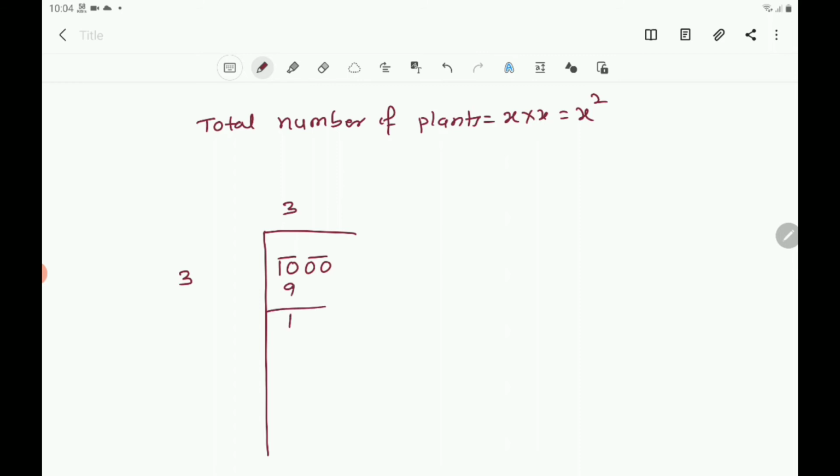Then 10 minus 9 is 1. Take the next group. Here you double it, that is add 3 plus 3, 6. Now here you have to take some number in front of 6, and here there is 100. 61 into 1 equals 61 is okay, because if you take 2 that becomes 124 which is greater than 100. So you take 61 into 1, that is you will get here 61. 100 minus 61 is 10 minus 1 is 9, and 9 minus 6 is 3.